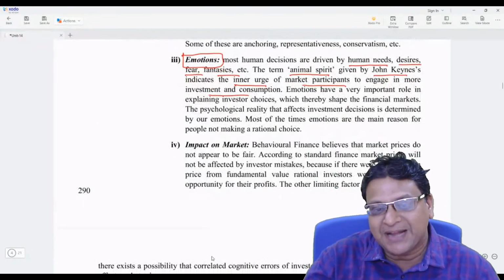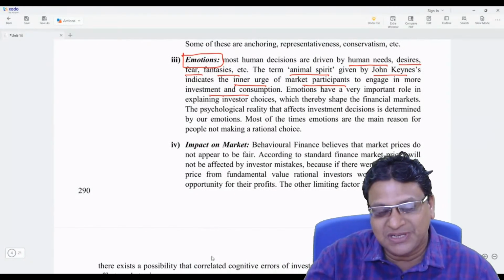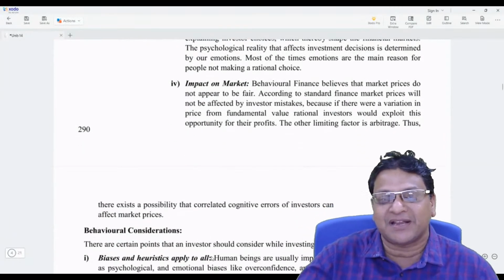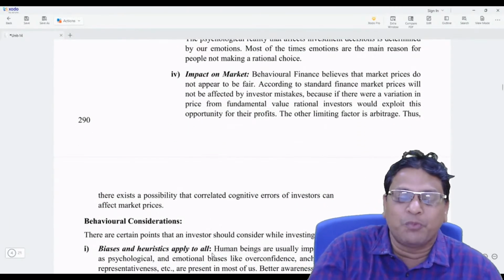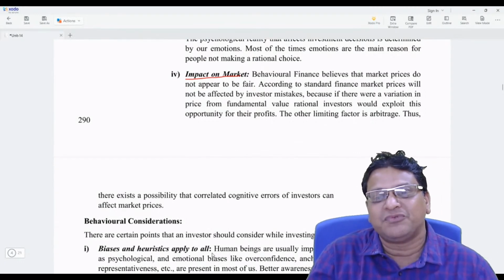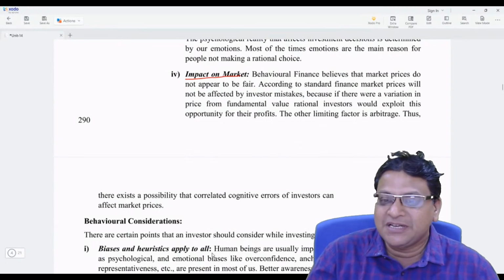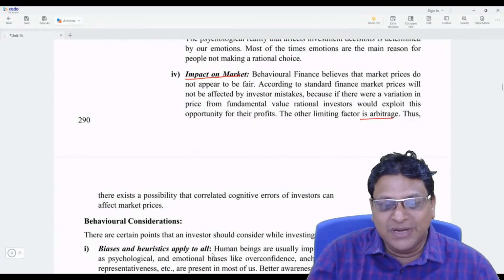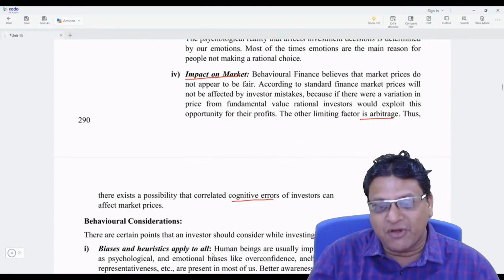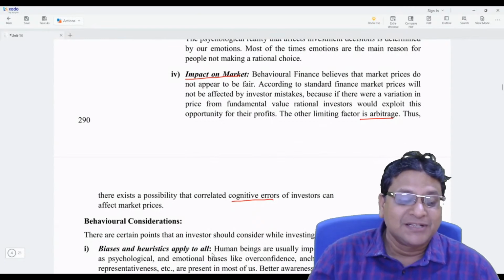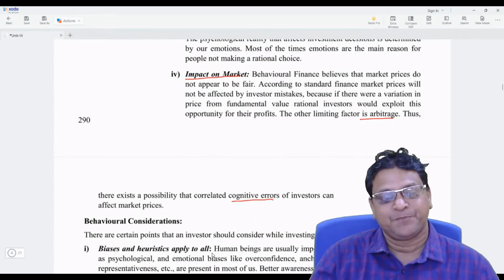So the impact of these emotions, heuristics, decision framing on the financial market are the scope of behavioral finance. They are a part of behavioral finance. Here we will discuss the factor of arbitrage factors. We will discuss cognitive errors that investors make which affect the stock market prices.